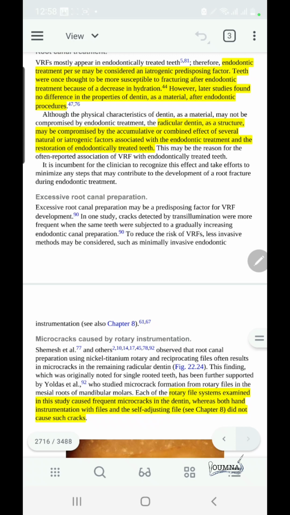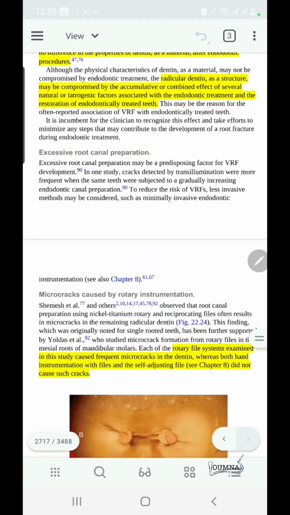We used to say that when we do an endo treatment we are making the tooth weaker because it loses its hydration and the water content inside. But the reality is that the reason the tooth becomes weaker is the loss of actual tooth structure due to the access preparation that we are doing, and this is the actual reason that makes the tooth able to get these fractures.